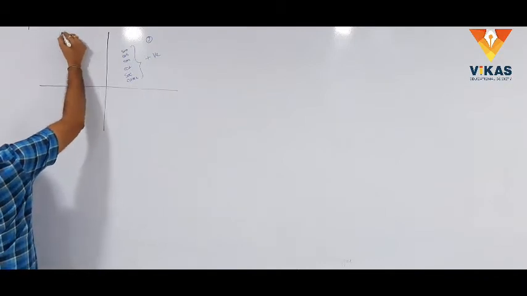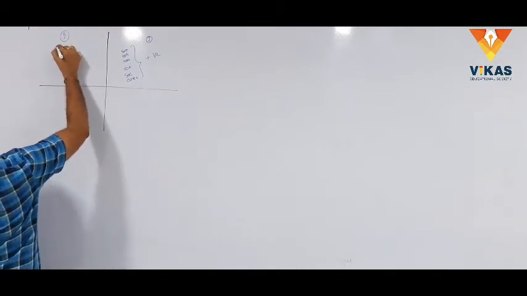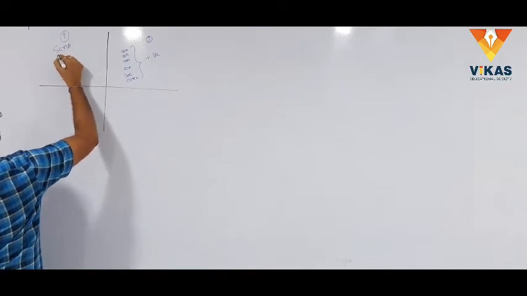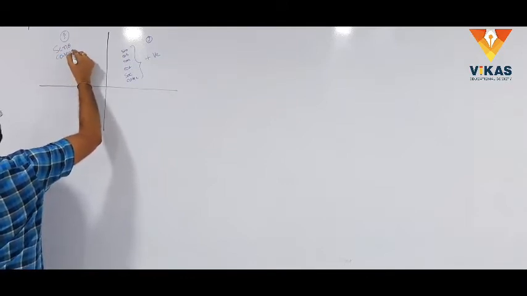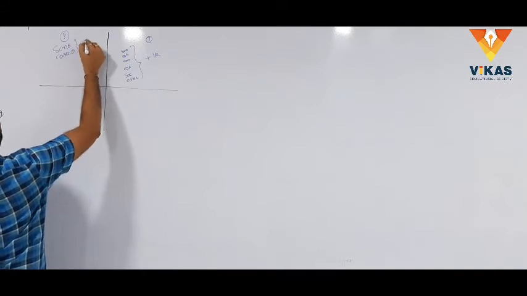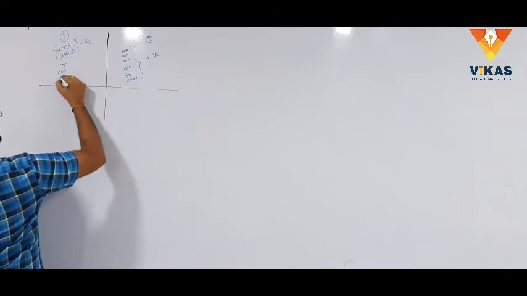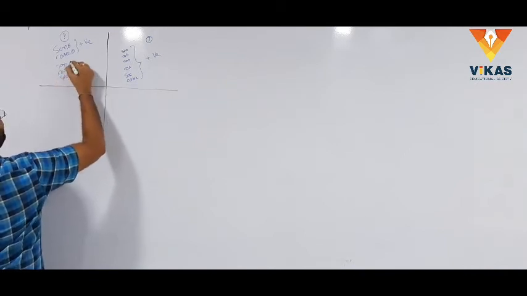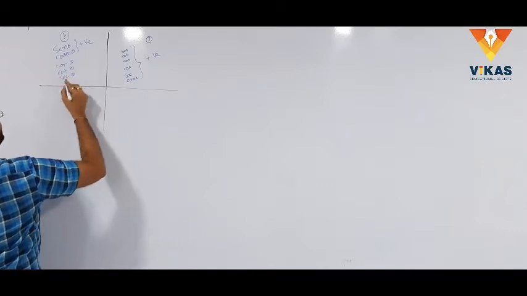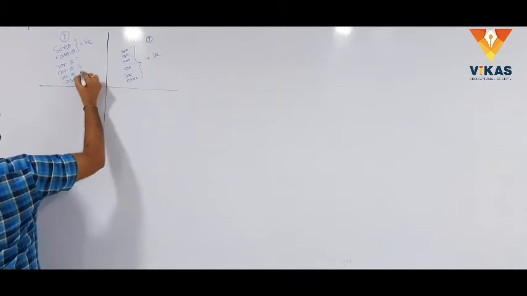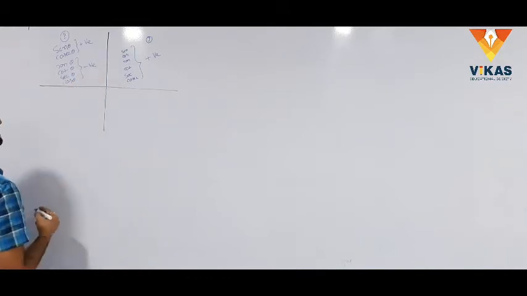This is the second quadrant. Sin theta and cosecant theta are positive. Tan theta, cot theta, secant theta and cos theta are negative.